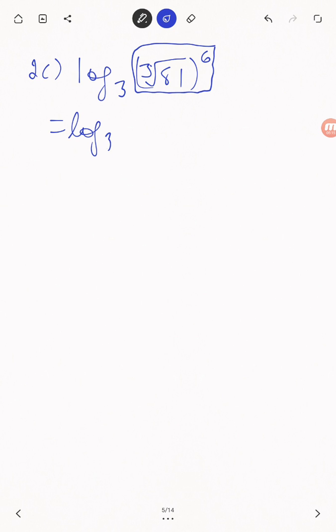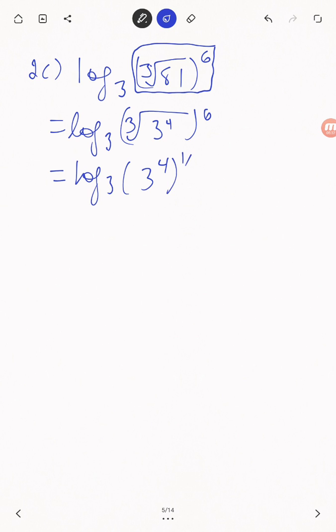First thing I can do is write 81 as base 3. So I have cubed root of 3 to the 4, because 81 is 3 to the 4. Still have a 6 on the outside there. Then I need to remember that a cubed root is the same as an exponent of 1/3. So I'll apply that here, changing my cubed root to an exponent of 1/3, and then it's still to the exponent 6.